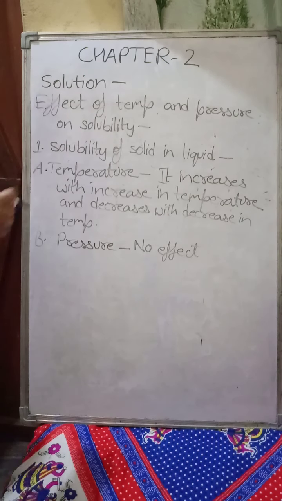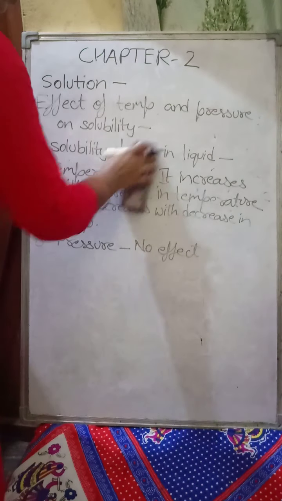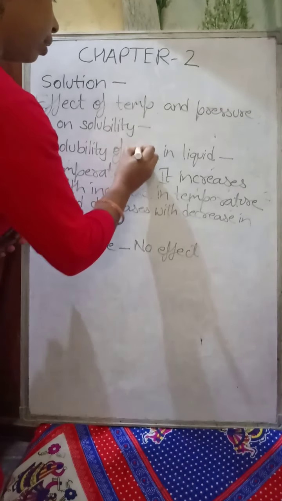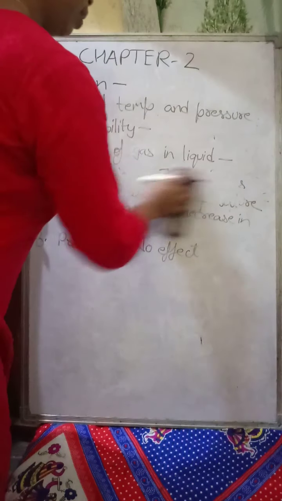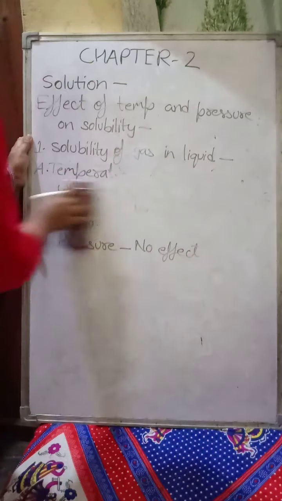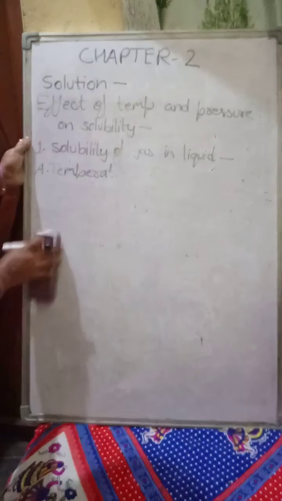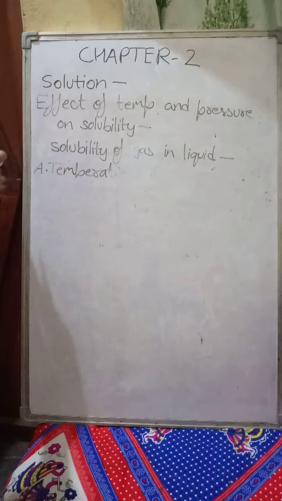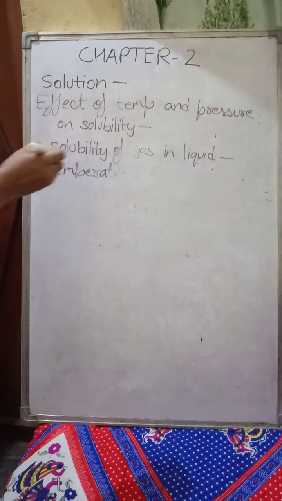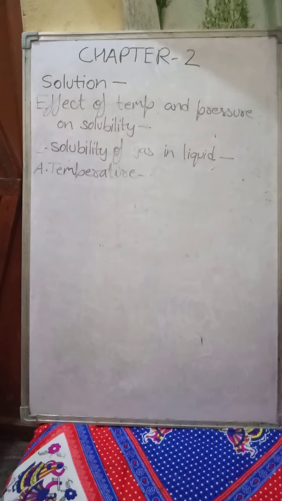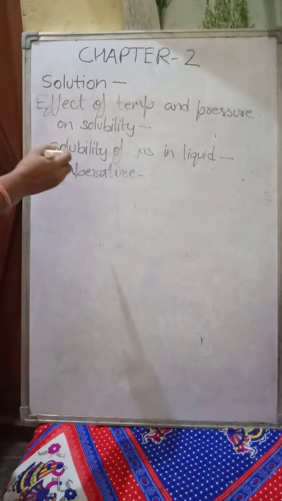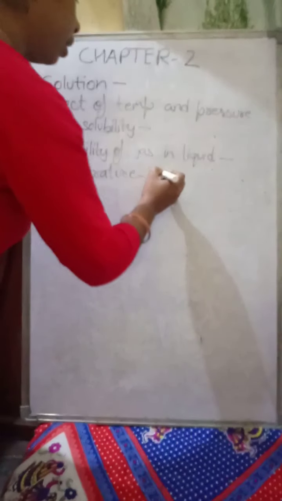Next we will see the solubility of gas in liquid. Solubility of gas in liquid, first factor temperature. In that what happen on increasing or changing the temperature, then the solubility of gas in liquid decreases.